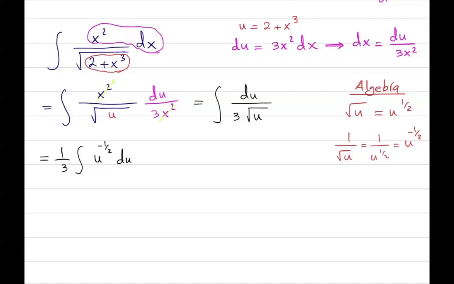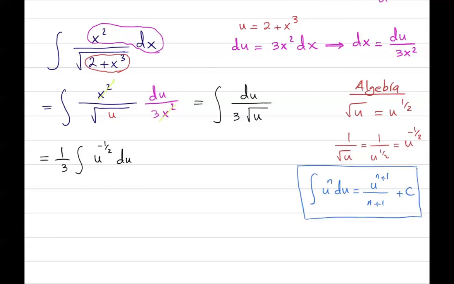We saw this integral before. The integral of u to power n du is u to power n plus 1 divided by n plus 1 plus constant of integration. This is a familiar formula. We're going to apply it here.